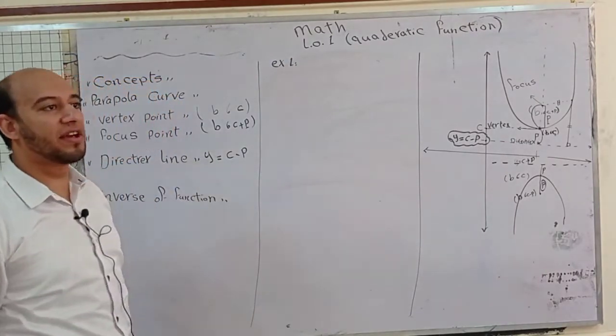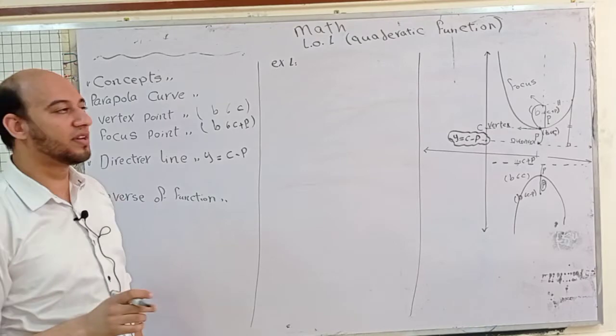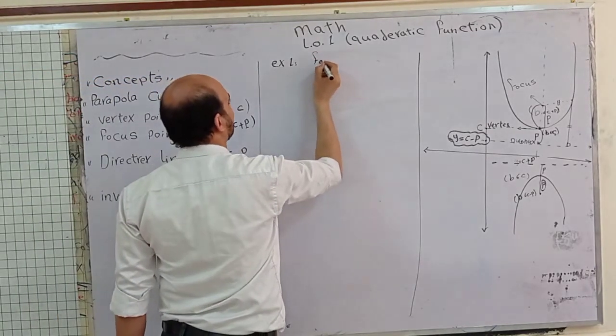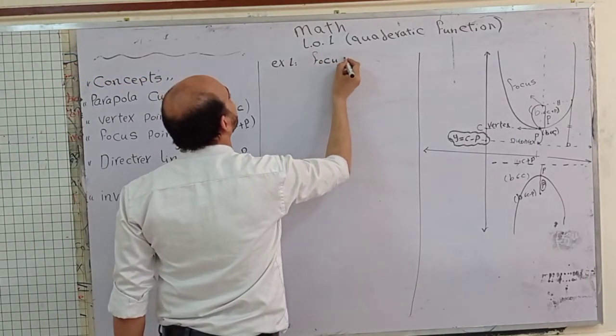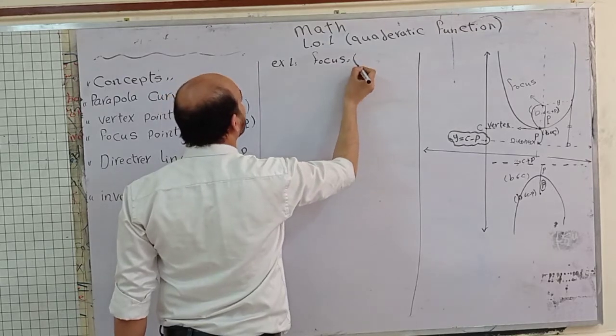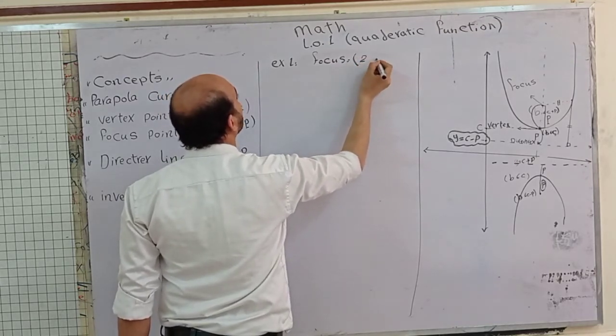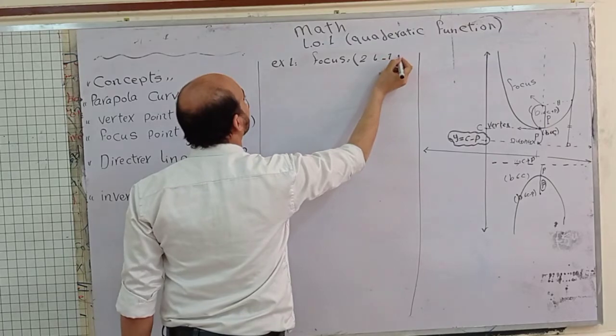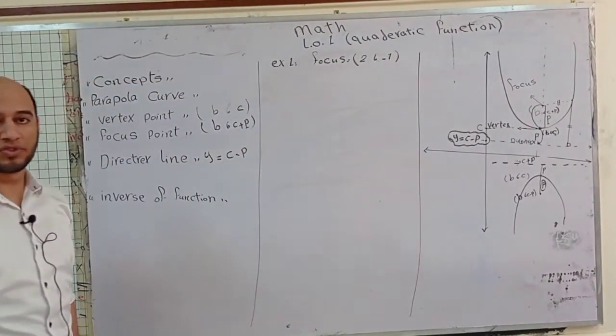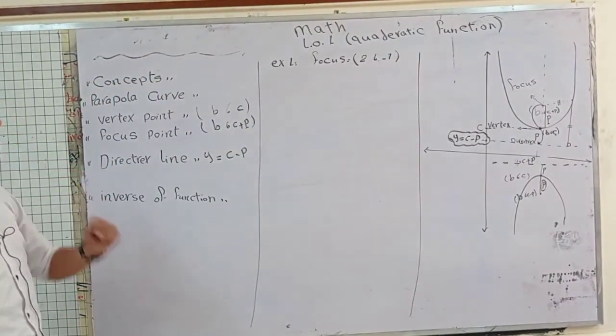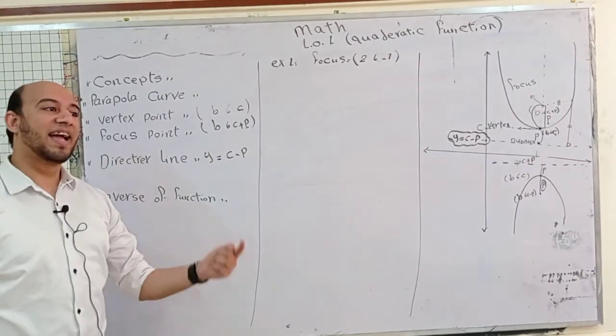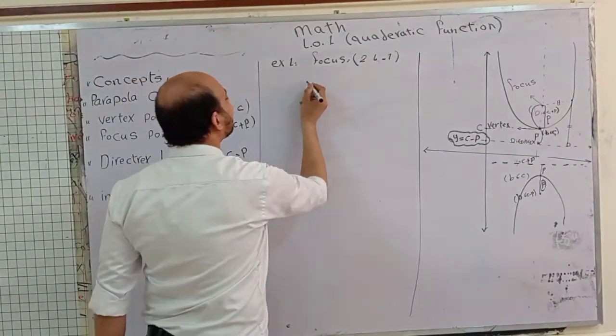A parabola curve has a focus which equals (2, -1). This is the focus. And it has a directrix line.